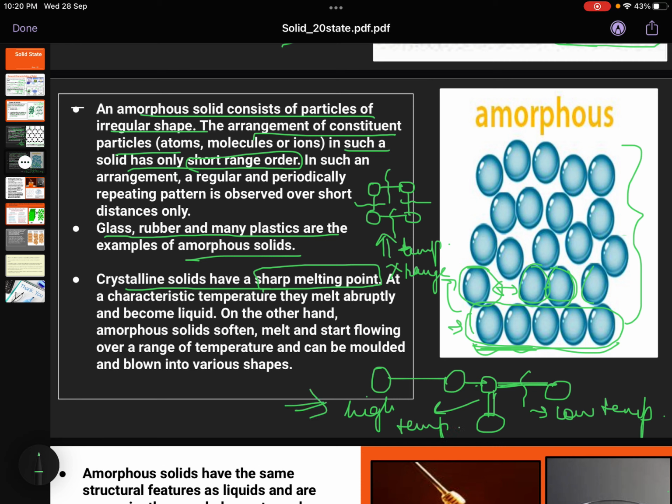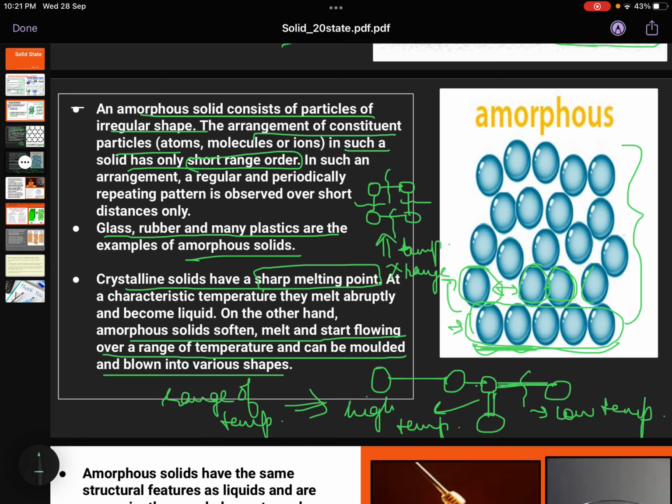So an amorphous solid requires a range of temperature to be broken. Amorphous solids soften, melt and start flowing over a range of temperature and can be molded and blown into various shapes.